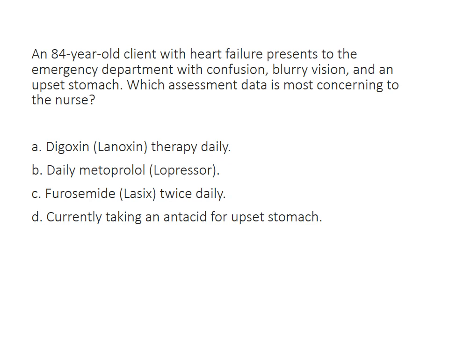So remember that digoxin is an inotropic agent, and it's used to increase contractility and thereby improve cardiac output. So before you give digoxin, there's a couple things that you need to remember to do, right?